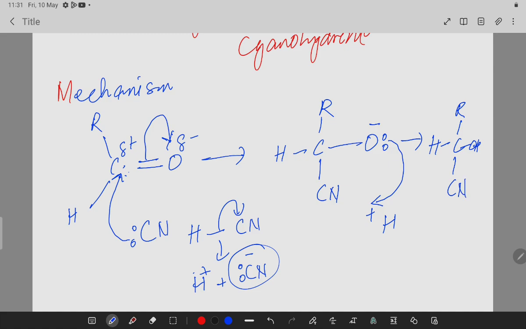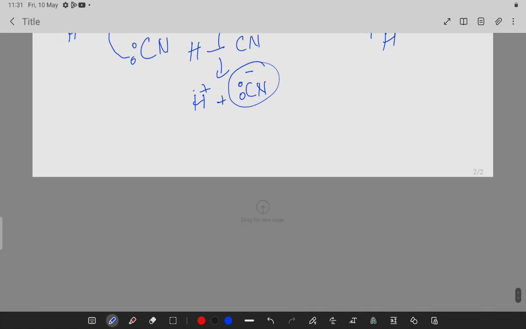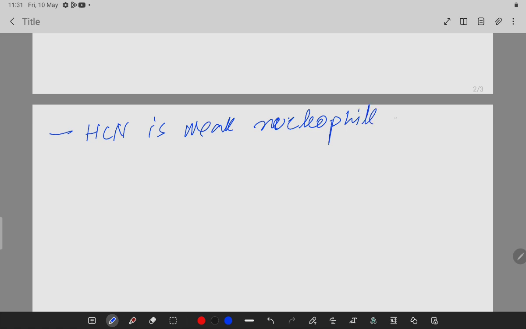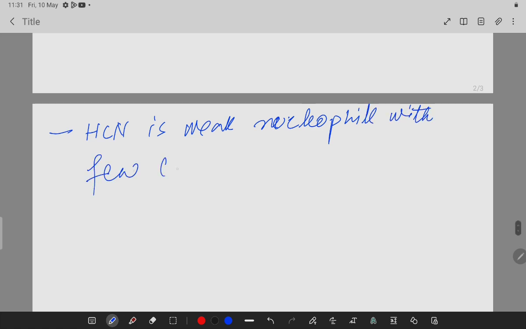Please keep it in mind that HCN is a poor nucleophile, a weak nucleophile. With few cyanide ions, the reaction is slow.